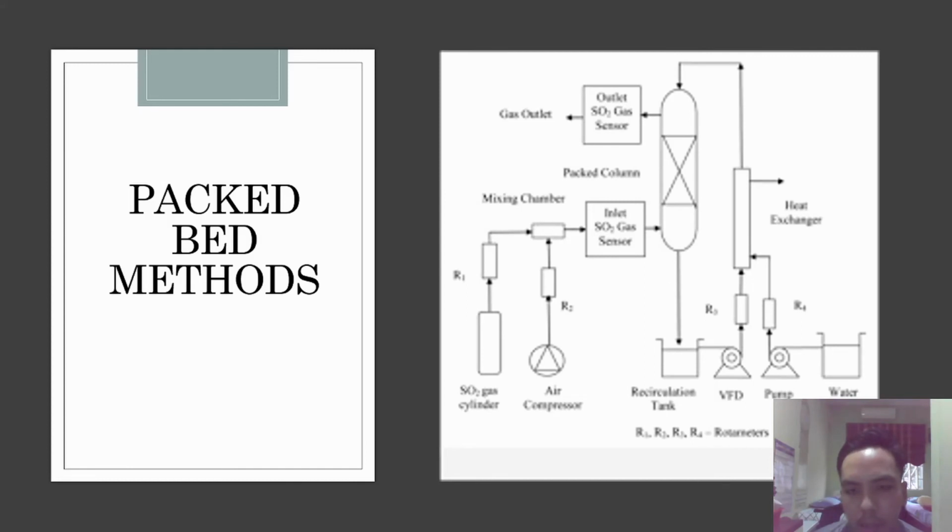The remaining liquid will flow downwards towards the tank and will repeat the process again. The gas that goes upwards will go to the outlet stream into the gas tank.